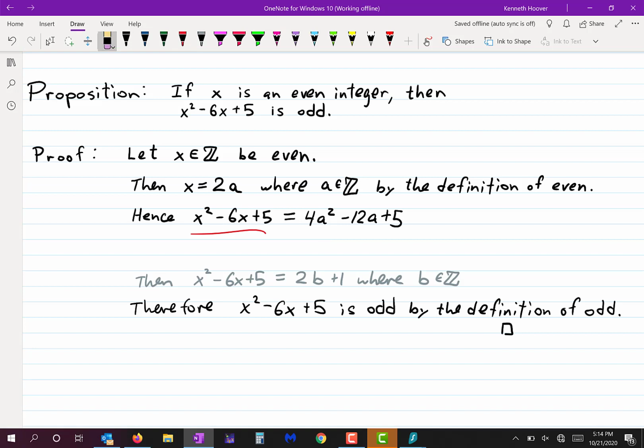Now, I think to go from here to here, a reasonable person would have to stop and say, oh, okay, what did they do there? I got to figure this out. And if somebody has to stop and say that, then you haven't shown enough.